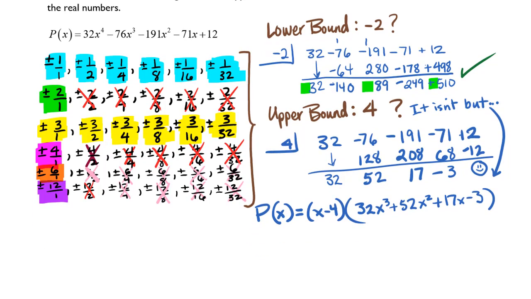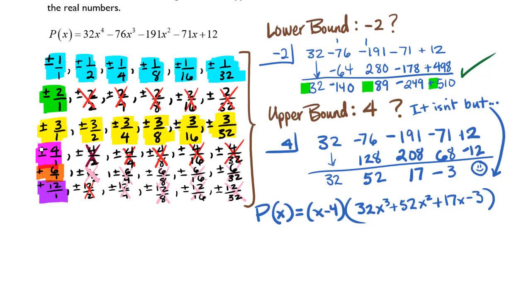If you're feeling overwhelmed, that's perfectly normal. So before we go into any more great detail about upper and lower bounds, we know that negative 2 was a lower bound. I can erase all the possible negatives that are more negative than negative 2.